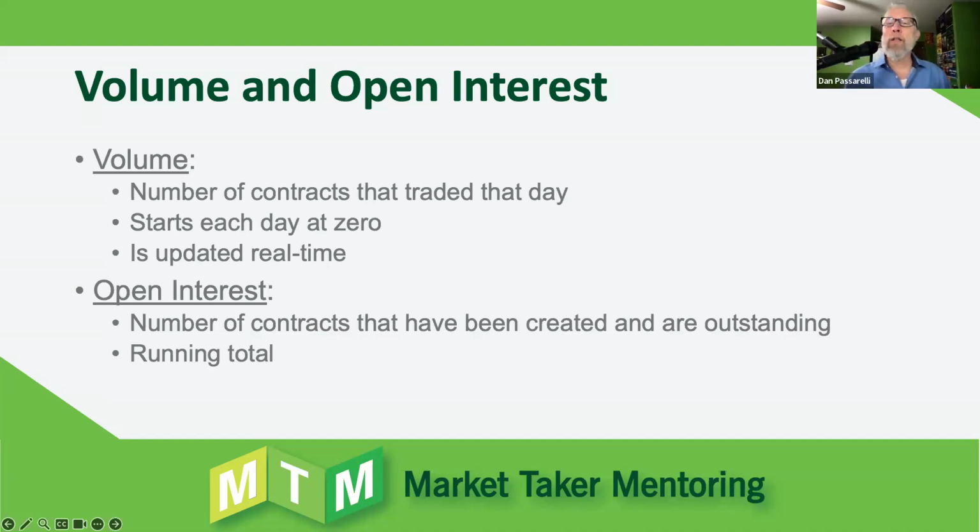Series is what we call the very specific option. I know, isn't it weird? The Apple March 6th 270 calls is one series in Apple. The March 18th 275 puts is a different series.